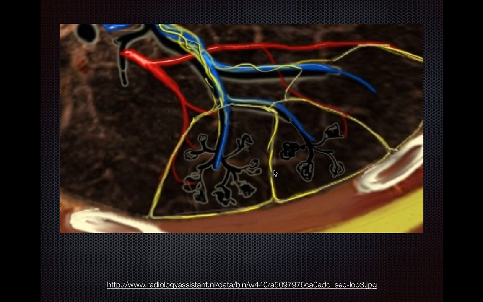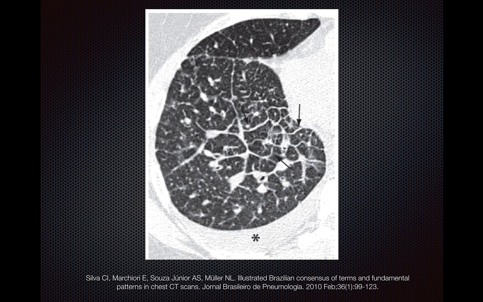And here's another illustrated diagram of what that might look like within the lung parenchyma, and you can see these interlobular septa right there.